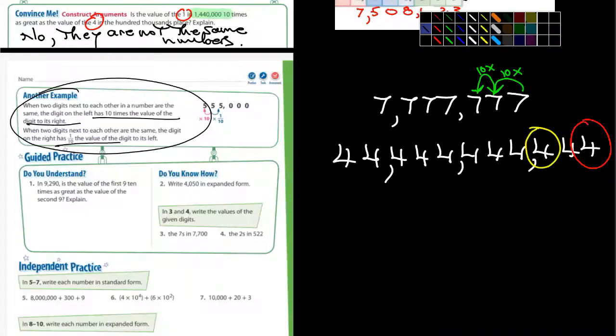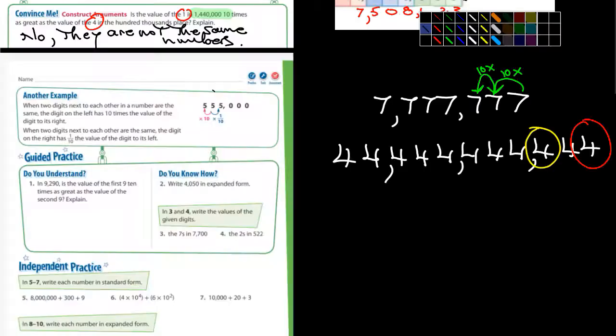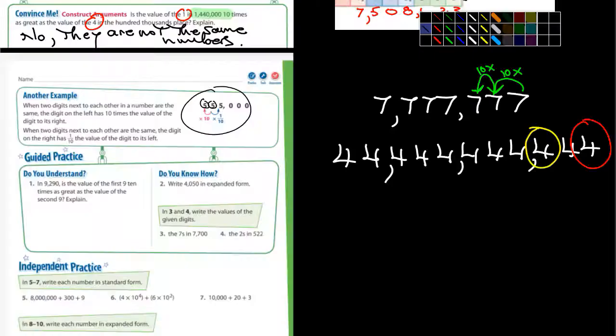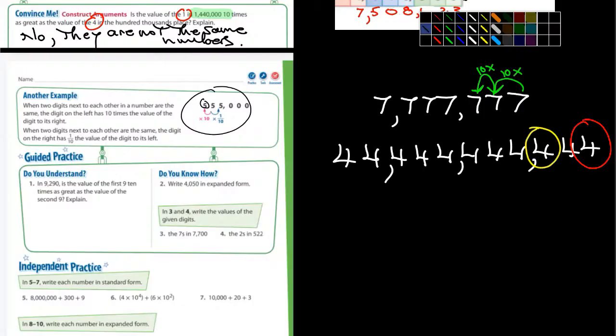So let's look at number 1 here. It says, do you understand? In the number 9,290, is the value of the first 9 10 times as great as the value of the second? No, the answer is no. And it's because they are not next to each other.